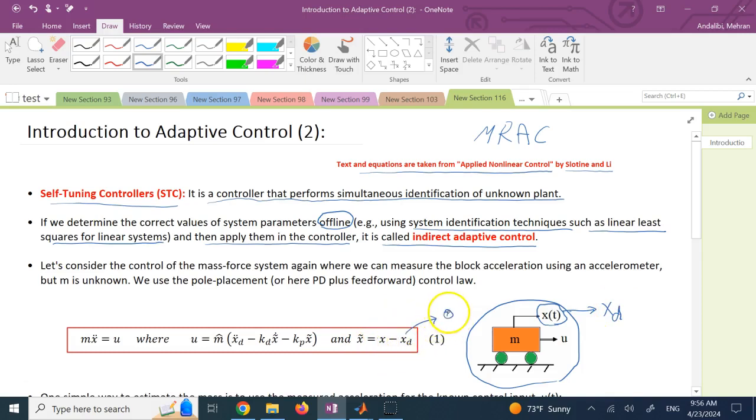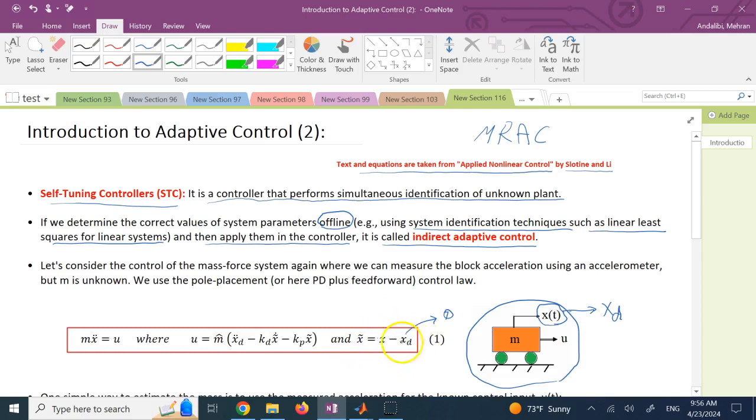Now pay attention, in this video I'm defining x tilde the opposite of what I did in the previous video. Here x tilde is x minus xd, not xd minus x. In many control books, when they define the tracking error, they go actual state minus desired state instead of the other way around.